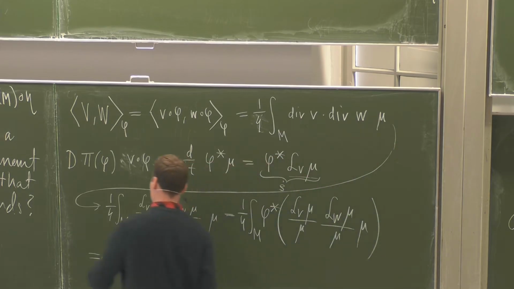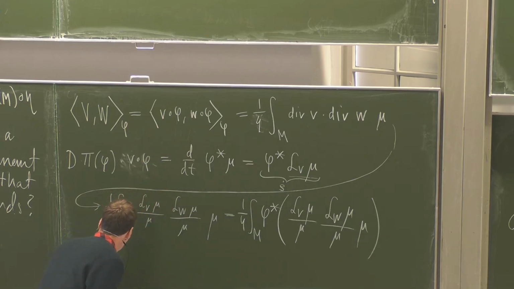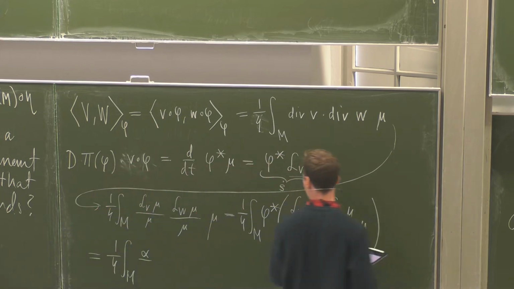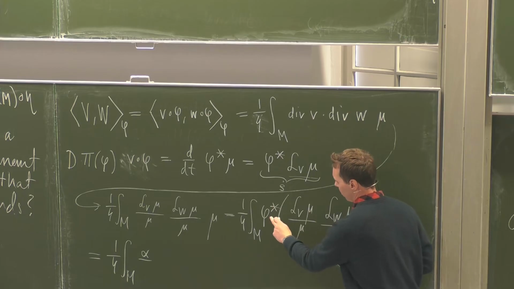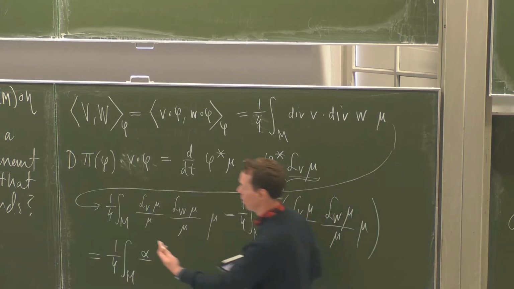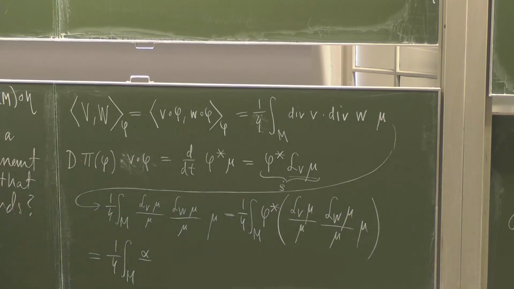The formula I get is 1/4 the integral of alpha divided by, not by mu, but by the pullback of mu, which is exactly the base point where I'm sitting. That's the rho. Okay, that's rho, and then beta divided by rho integrated with respect to rho.